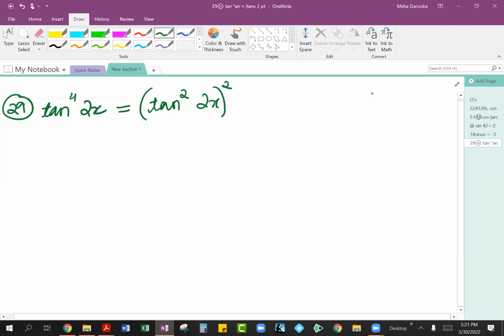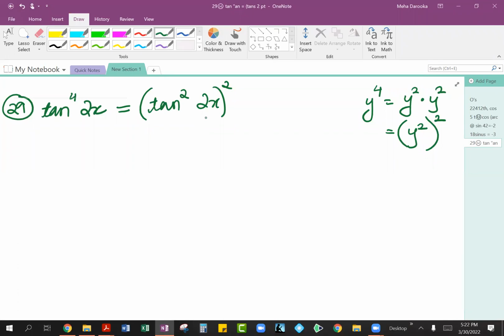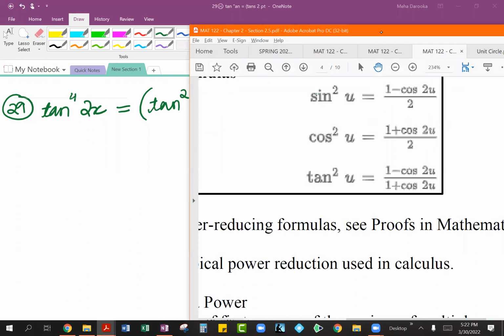So basically what we're doing, and I'll just show this to you with generic terms: if you have y to the 4th power, technically you can write it as y squared times y squared, or you can write it as y squared to the second power, because we know 2 times 2 will still end up giving us 4. So that's what we're doing here, breaking this down into tangent squared of 2x and then putting the square on the outside so that we are able to use the formula over here.